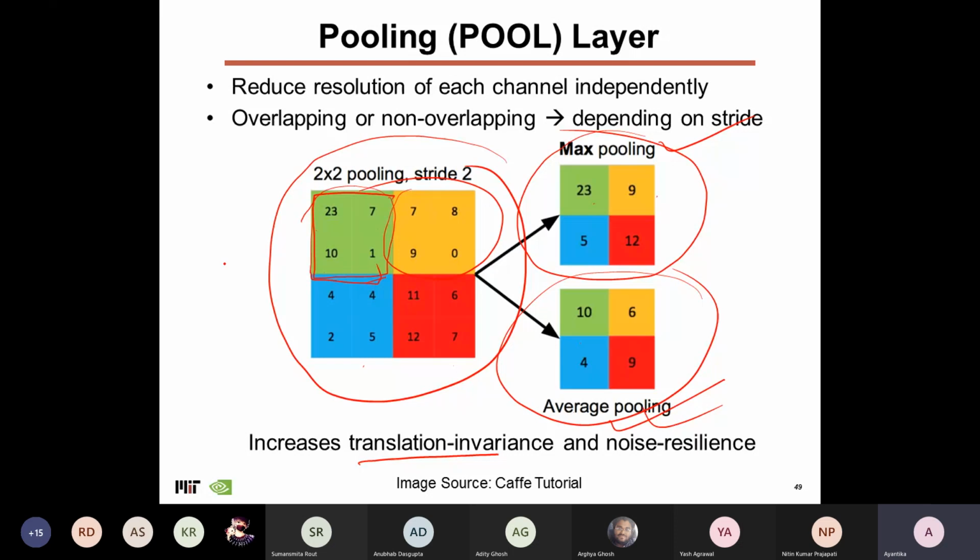Now there is some translation, and if you do not train your system for this translation, then during the testing phase your system cannot identify that it is a dog's image, just slightly tilted. To identify this type of translation, this pooling layer is very effective.